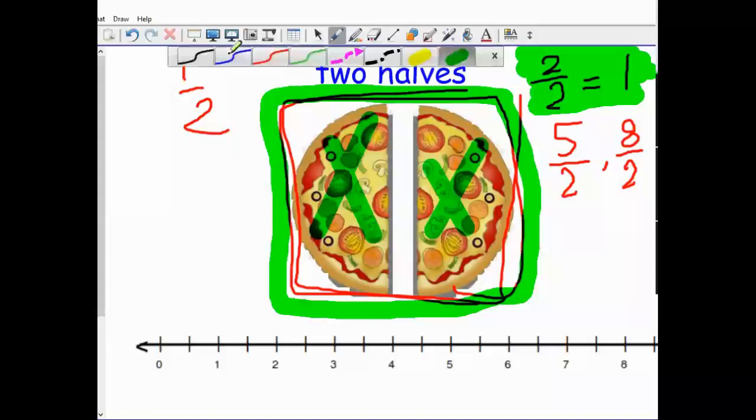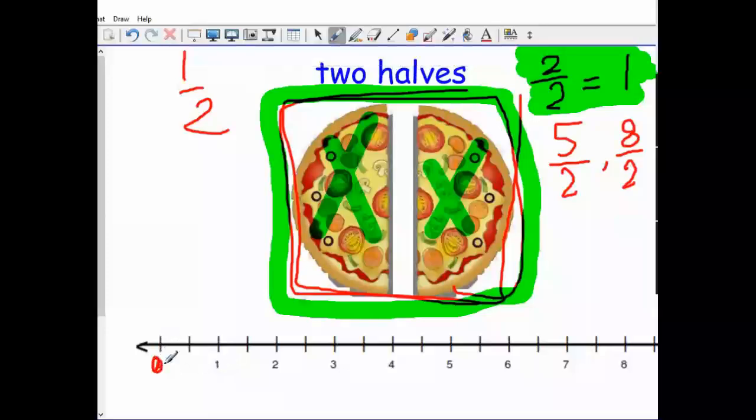Look at the number line. This number line is divided into steps of half. This is 0 and this is 1.